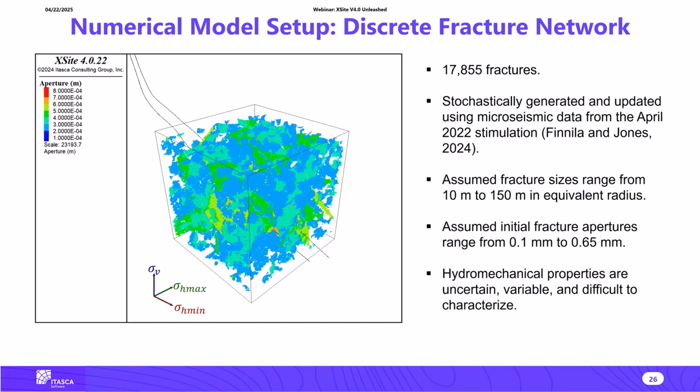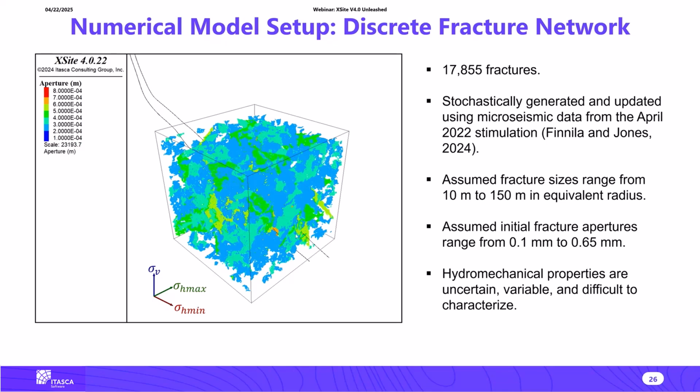And of course, there is a lot of uncertainty in the hydromechanical properties of the DFN. One thing that we did on this project was to calibrate this model by varying these DFN properties, the strength, permeability, and so on, in order to match the recorded injection pressures, the fiber optic data, and the microseismic data.